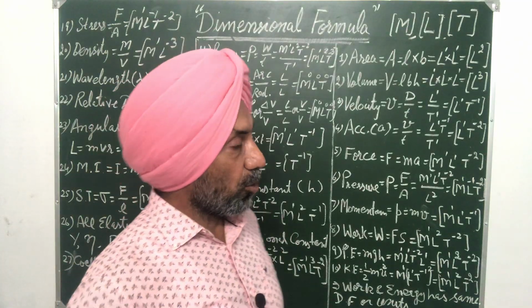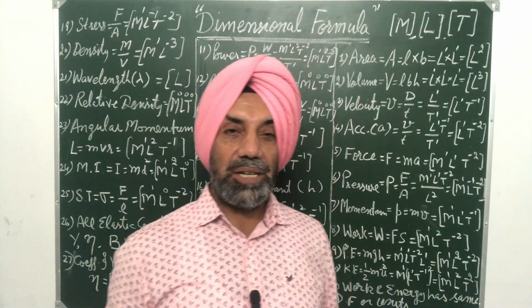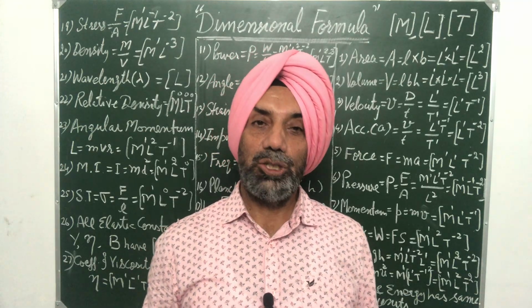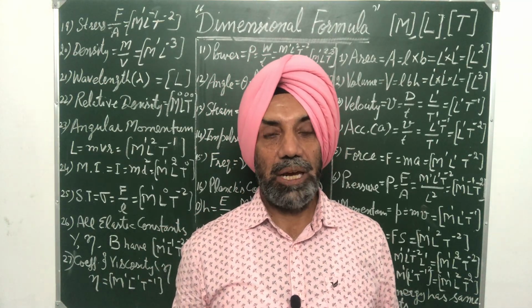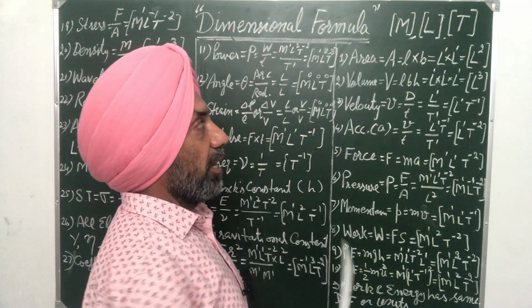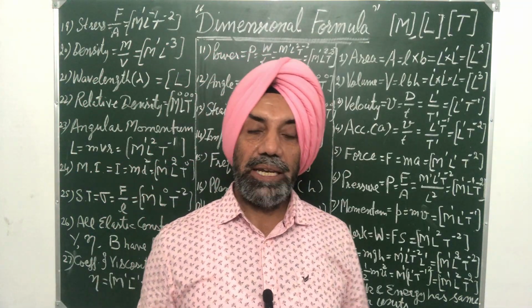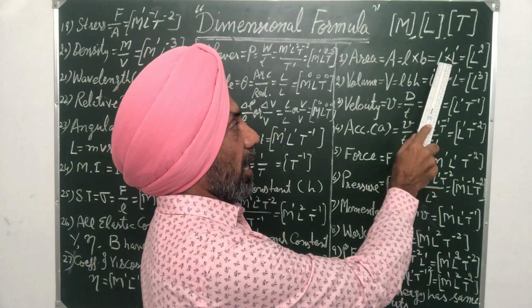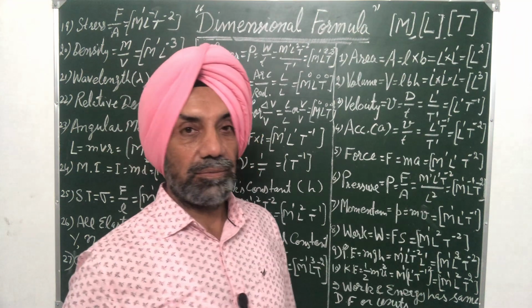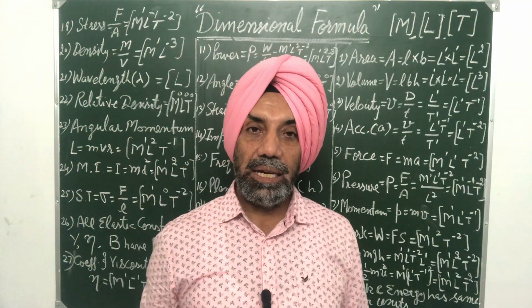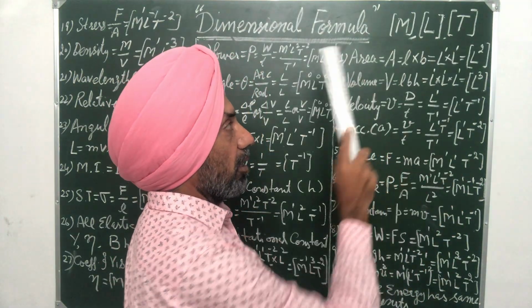Now, how to derive the dimensional formula of various physical quantities and know their units from their dimensional formula. Suppose first is area. We know area is length into breadth, means L1 into L1, that is [L²] within square bracket. So L squared is the dimensional formula for area.